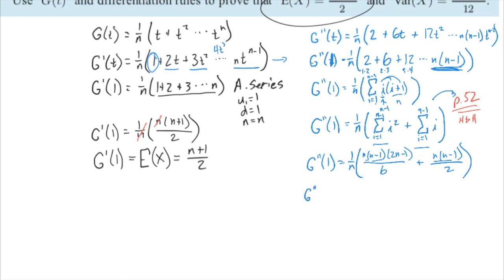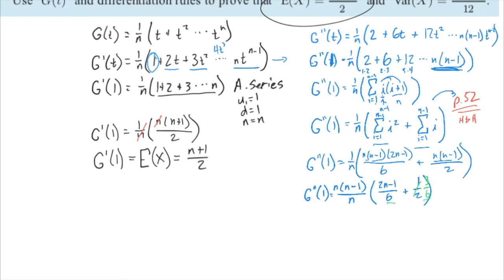It becomes g double prime equals n times n minus 1 all over n. Okay, and then what would be left in here would be 2n minus 1 over 6 plus 1/2. Now 1/2, of course, is the same thing as 3 over 6.